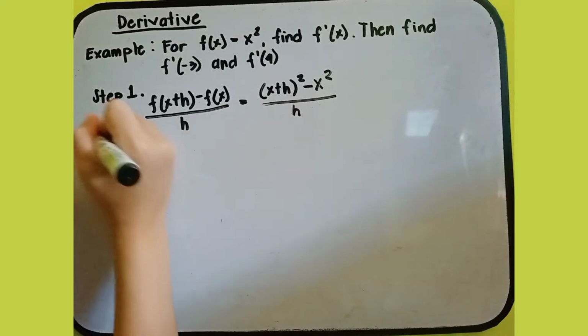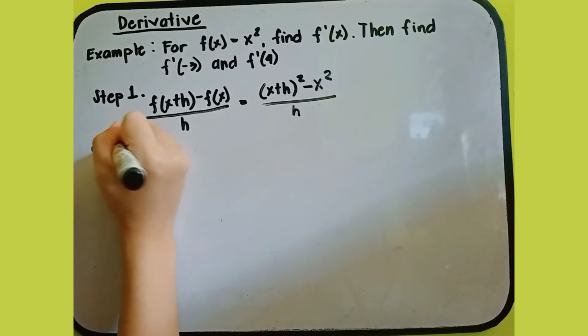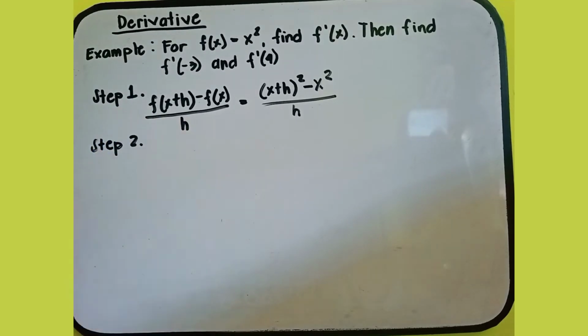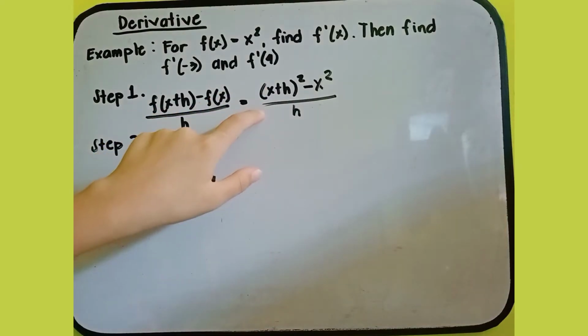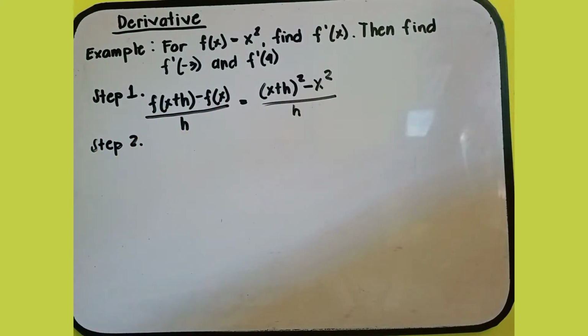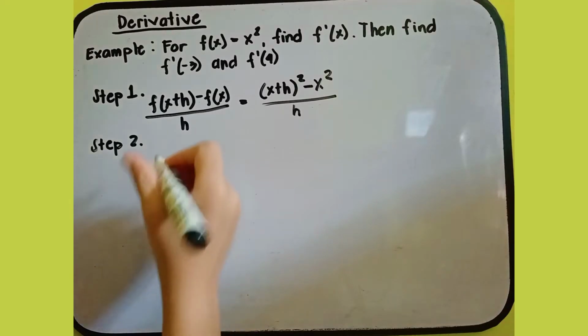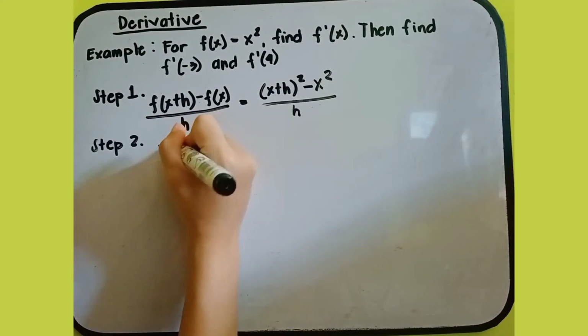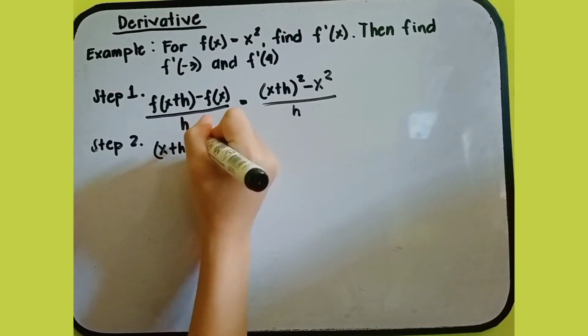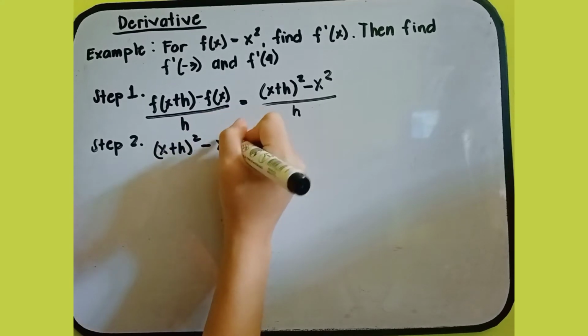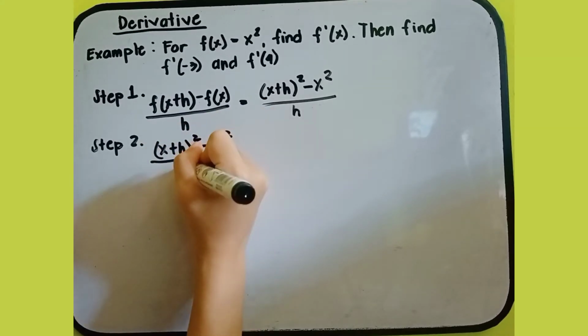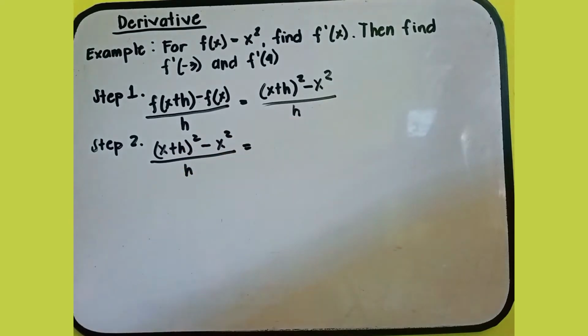And for our step 2, we simplify the difference quotient. Simplifying this, we get x plus h squared minus x squared over h.